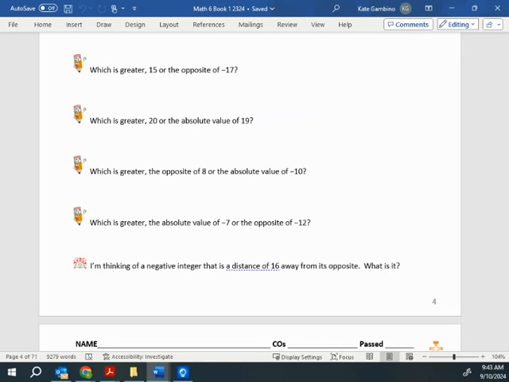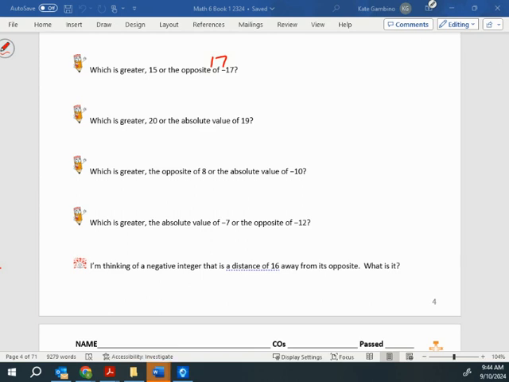What I do when I do these word problems, because sometimes when I do stuff in my head, I go too fast and I make simple mistakes, is I always write out what it is. So 15 is 15. The opposite of negative 17 would be what, James? 17. So I'm going to write a 17 there, because that's what the opposite of negative 17 is.